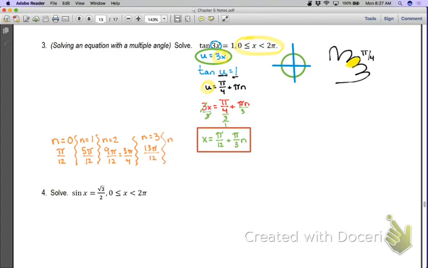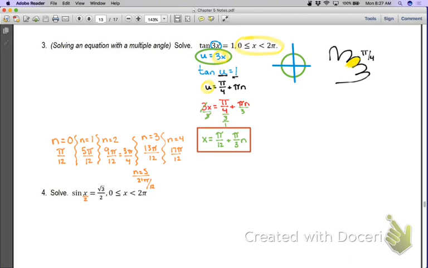If I let n equal 4, I'm going to run out of room. I'm going to have 17 pi over 12. And the last one, if n equals 5, I would get 21 pi over 12. If I go to 6, that's going to put me at 2 pi plus pi over 12, so it's going to be bigger than 2 pi.